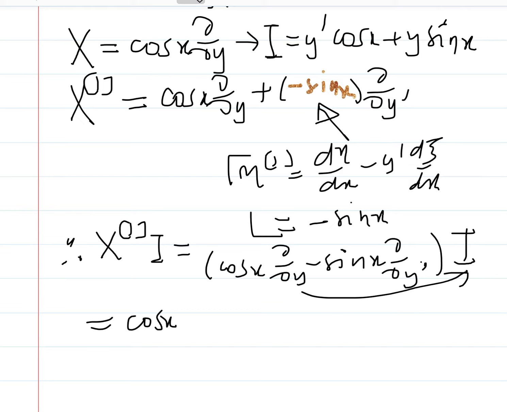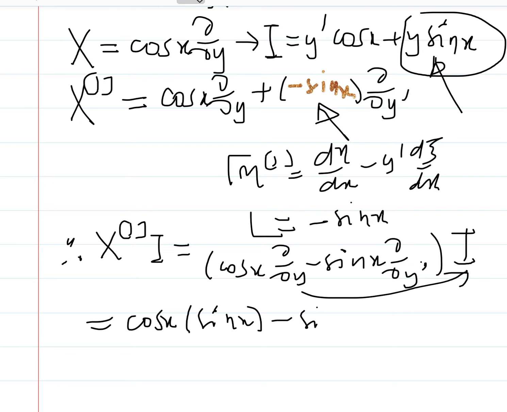If you differentiate the function I partially with respect to y, the derivative on the first term is 0, and the derivative on that term with respect to y is 1 times sine x, so it's sine x.